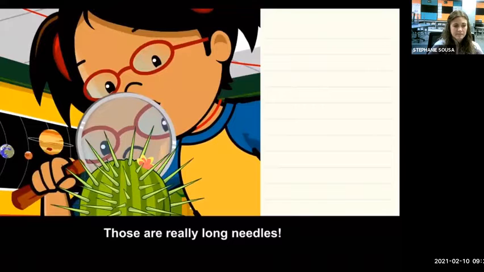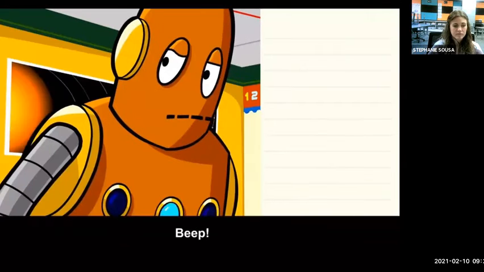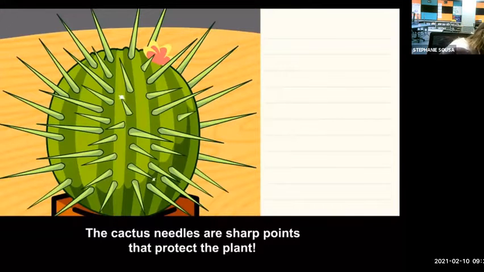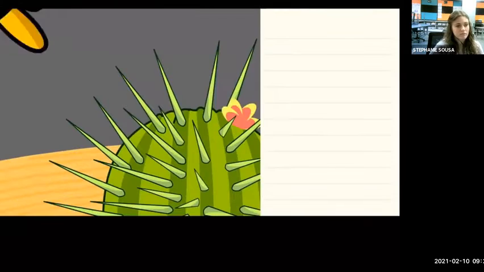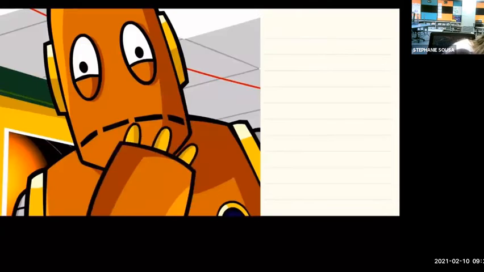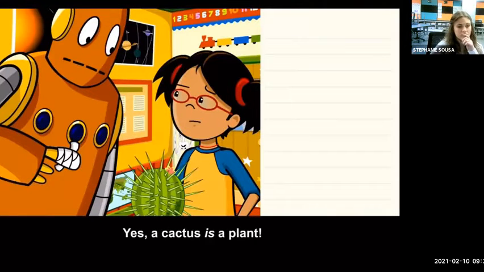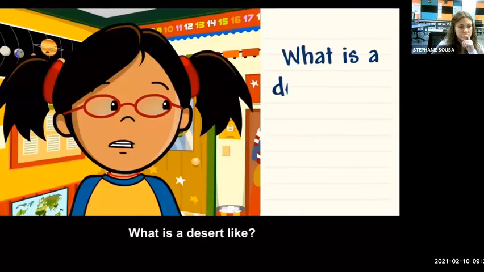Those are really long needles. No, not those kind of needles. The cactus needles are sharp points that protect the plant. Yes, a cactus is a plant. It grows in a desert habitat. What is a desert like?